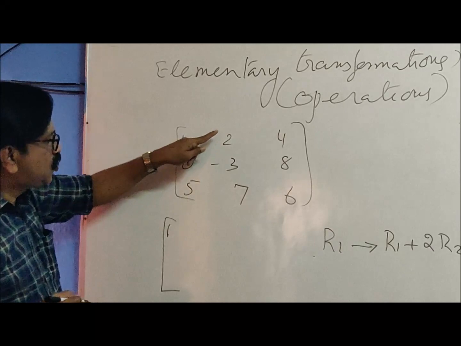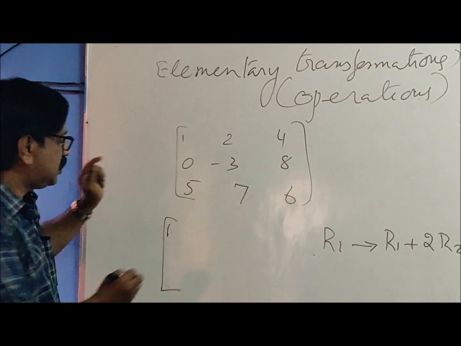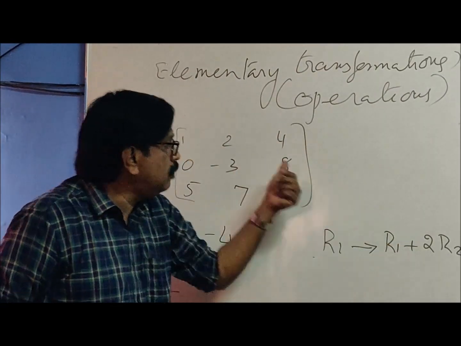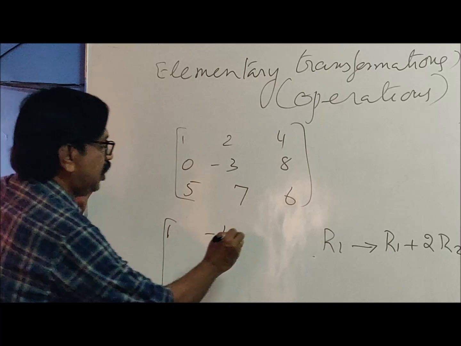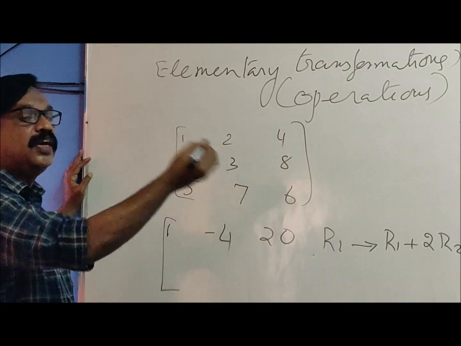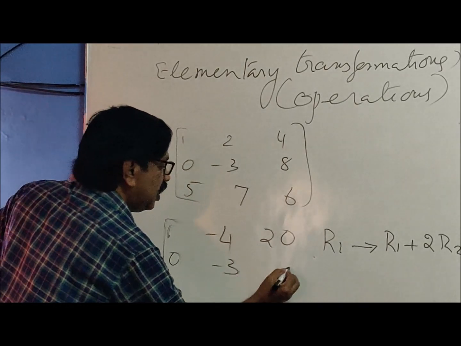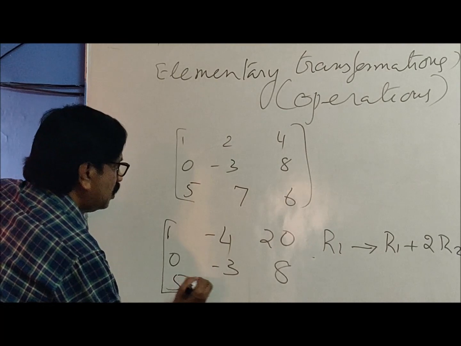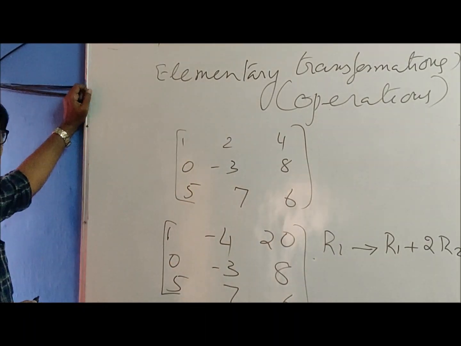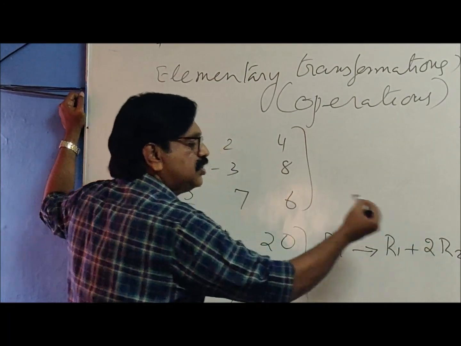Then 2 plus 2 times minus 3 is minus 4. Then 4 plus 2 times 8, that is 20. The second row has no change: 0, minus 3, 8. Then 5, 7, 6. These are the 3 elementary row operations. The multiplier can be negative also, minus 2, any number we can use.